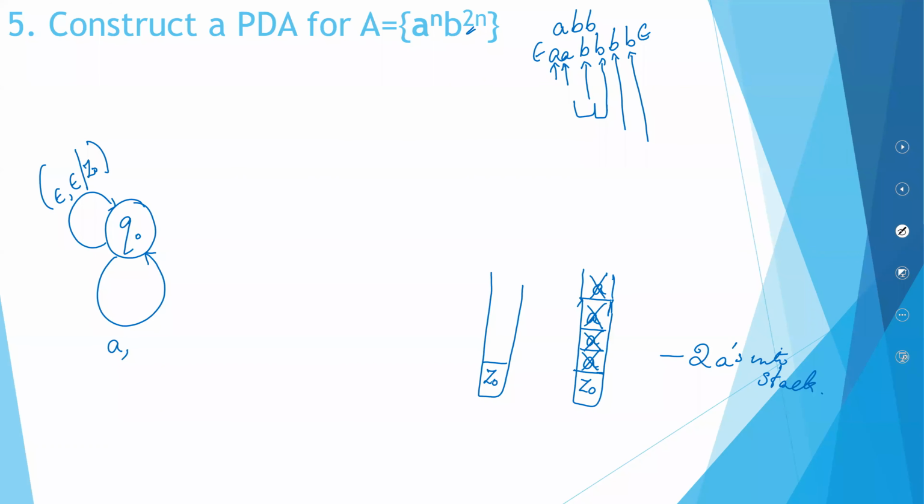Now you have Z0, so the top of the stack is Z0. Now, as I told earlier, when you encounter an A, what should you be putting inside the stack? You should be pushing 2 A's. So I'll write over here, I am pushing 2 A's onto my stack. Then Z0 is the original.